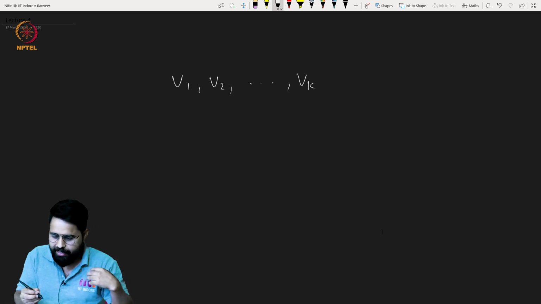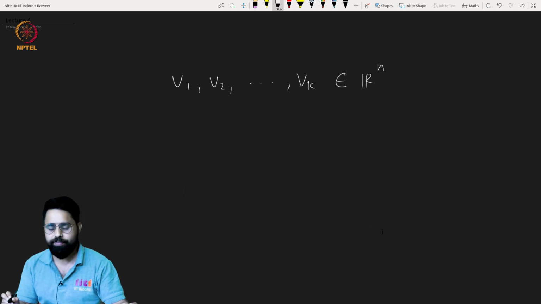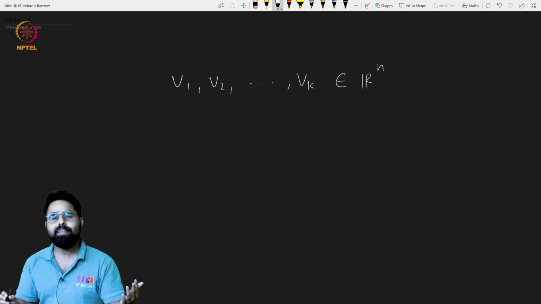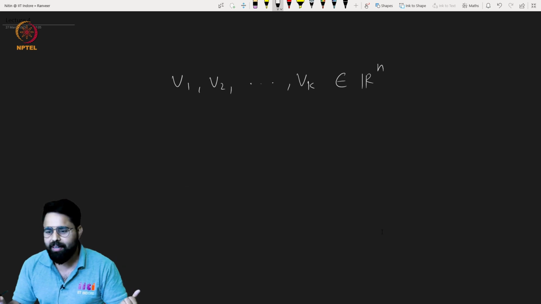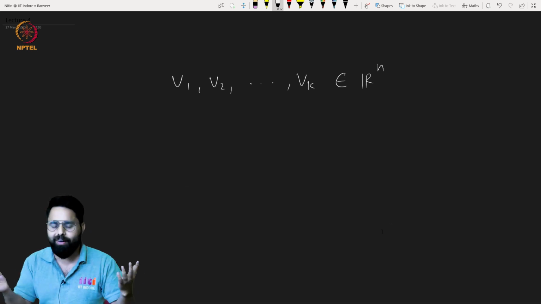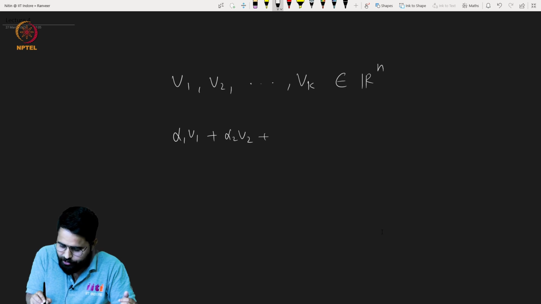So let's suppose we have some vectors v1, v2 up to vk, and suppose all of these vectors have n coordinates, so n entries, so suppose they lie in Rn. What do we mean by a linear combination of these vectors? Linear combination is nothing but you scale these vectors by some scalar quantity and then add all these vectors. Suppose I multiply v1 by alpha 1, v2 by alpha 2, and so on.